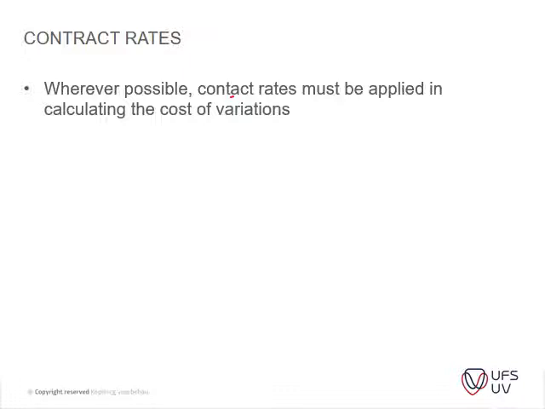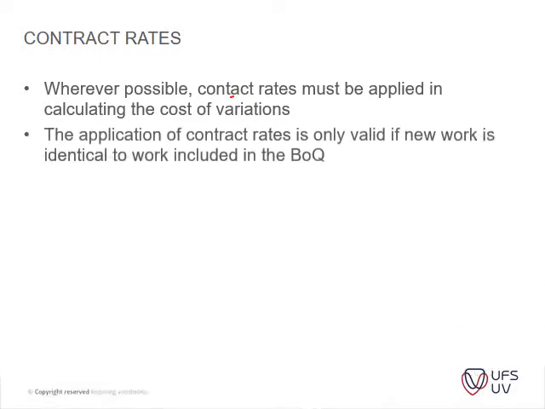Whenever there's a change in item and the rate is not changed, then the existing rate should be used to calculate the variation orders. The application of contract rates is only valid for new work if it's identical to the work included in the BOQ. I think that's self-explanatory, that if the items are exactly the same, the rates can be used.